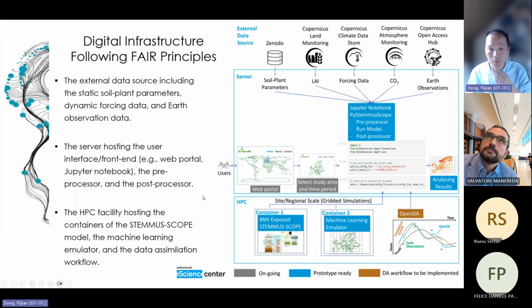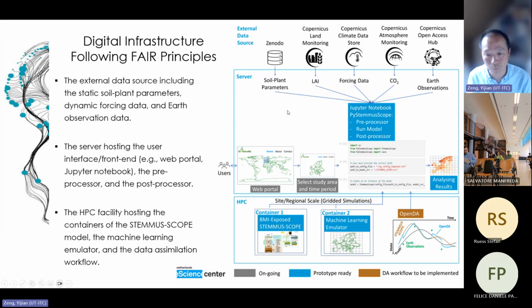Okay, so in the video, I basically just introduce quickly why we want to build a soil plant digital twin. Like what I introduced before, this is a technical digital infrastructure.